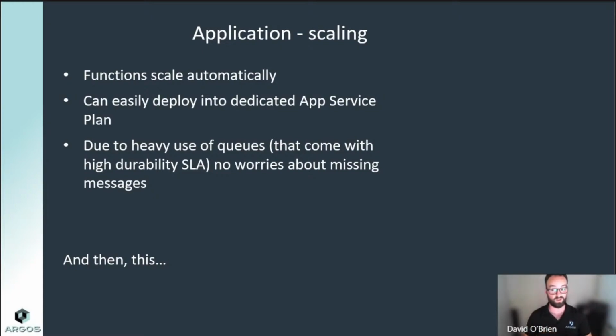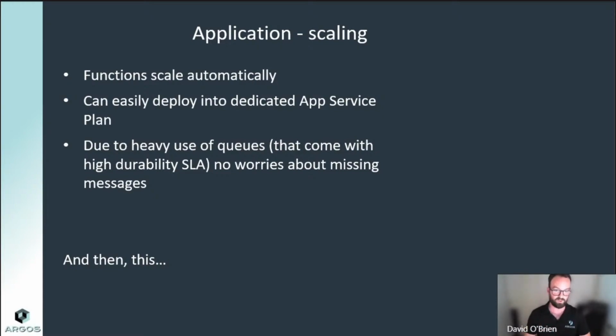And the great thing about the queues, as I mentioned, was that they are based on Azure storage. Because of that, they also inherit the Azure storage account's SLAs, including their durability SLA.